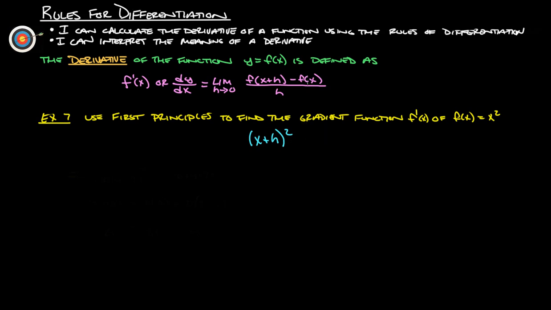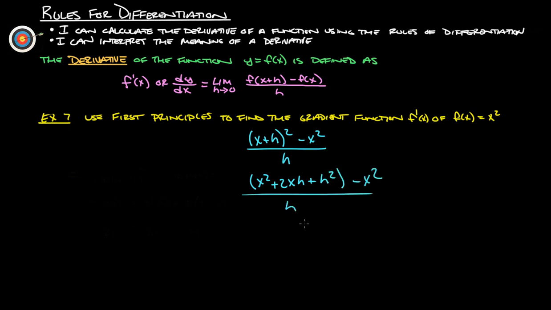Then we subtract f of x, which is x squared, all over h. Now we FOIL this out: x squared plus 2xh plus h squared, minus x squared, all over h. The negative x squared and positive x squared cancel out.